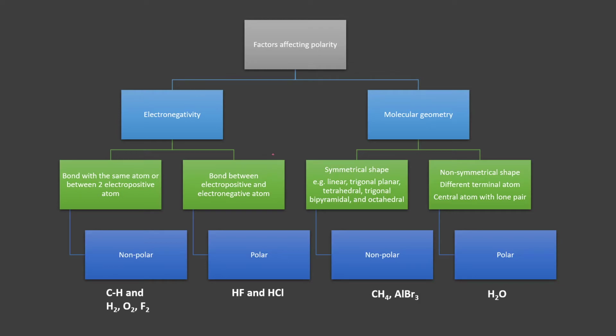We have electronegativity and molecular geometry. Okay, electronegativity most likely is electronegativity difference. Betul ke saya eja? Kalau saya salah eja bagi tahu. Kadang saya pun dah lupa secara ni eja. So, kalau dua-dua bond tu, contohnya macam C dengan H, dia orang punya electronegativity value is not that different.